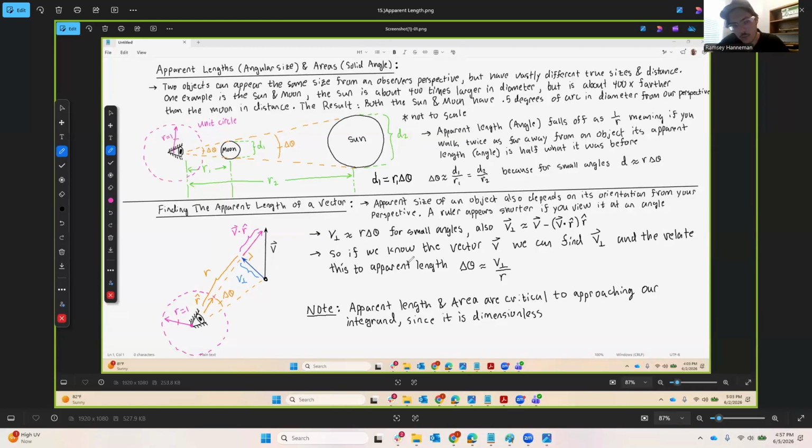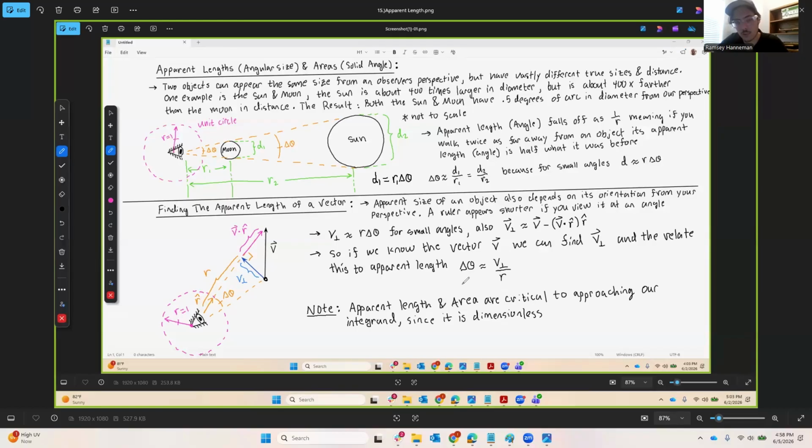And then we relate that to apparent length. So apparent length, or the angle that an object subtends, or a vector v subtends, is equal to its perpendicular length divided by radius. In other words, if I have the pen a meter away and I move it 2 meters away, it will appear to me half the size or half the length it was.